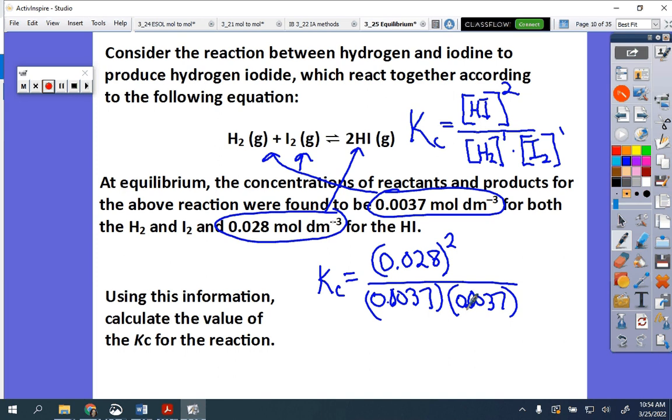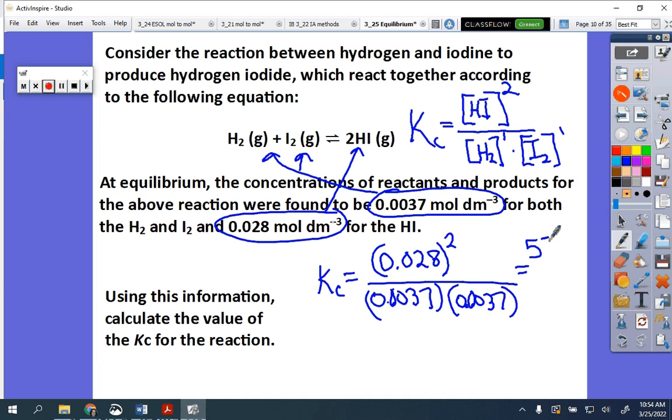So, 0.028, and there's my squared. Divided by 0.037. So tell me if I punch this in correctly.